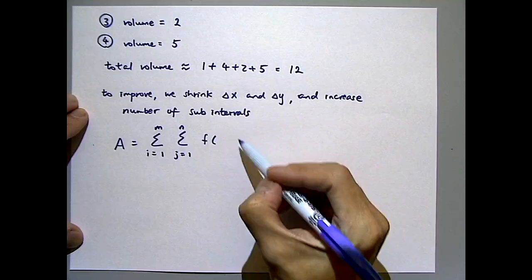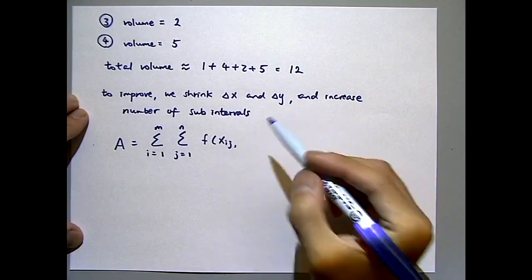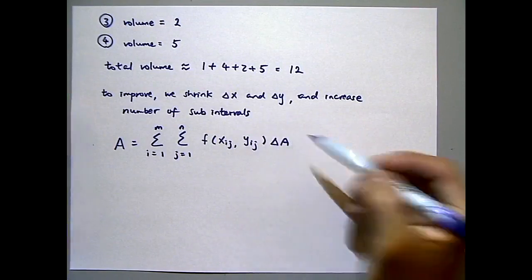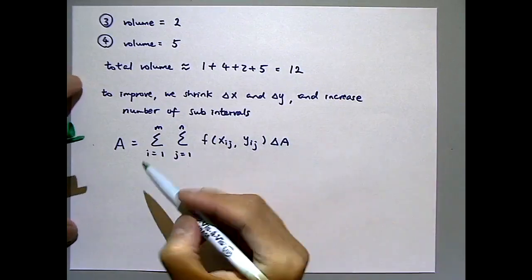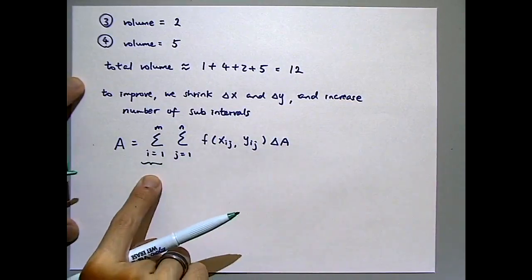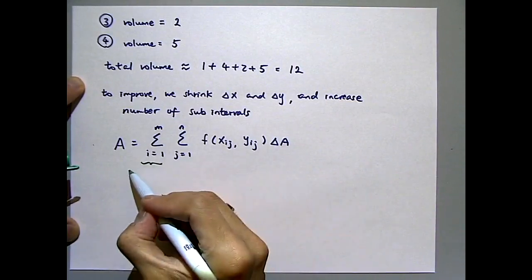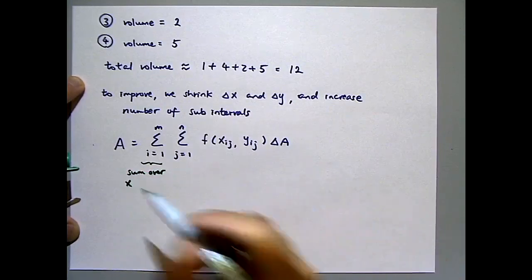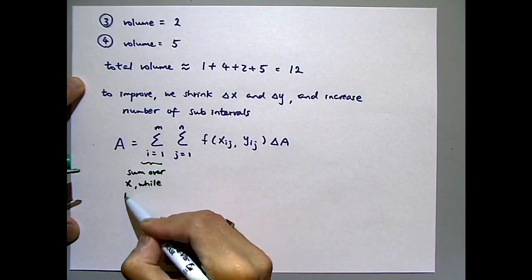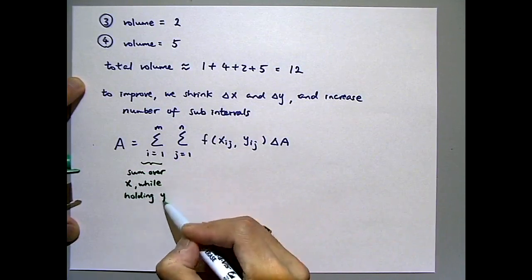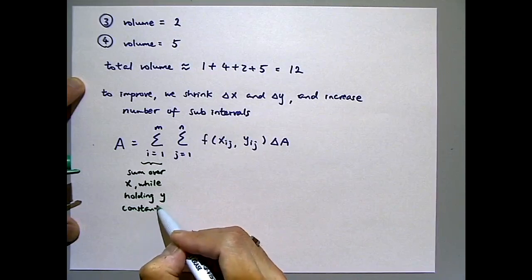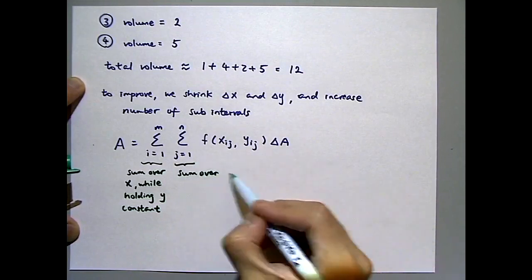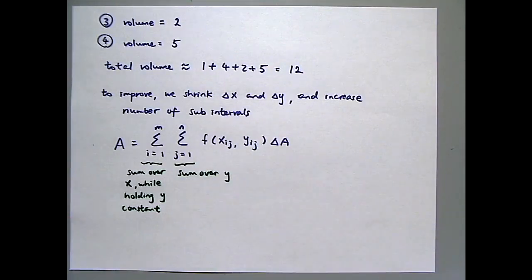So I'll just write this down because we won't be dealing too much with this summation. So the outer summation, this is sum over x while we hold y constant. And the second summation is sum over y, while we hold x constant.